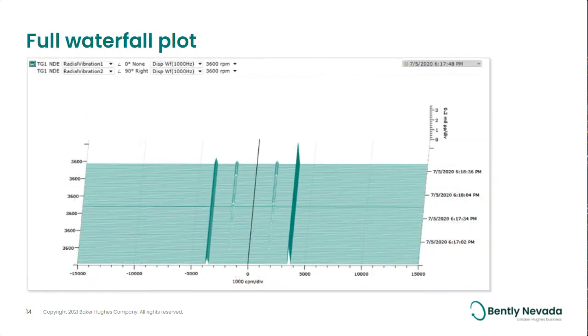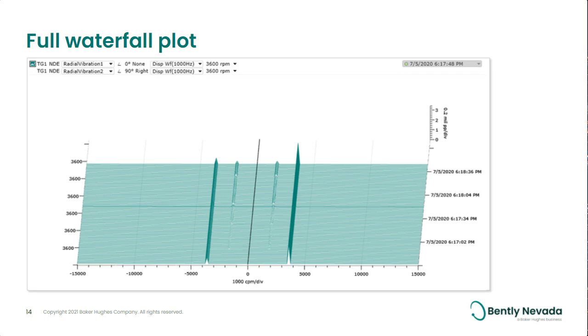One of the other plots that we use in steady state diagnostics is the full waterfall plot. And basically, the waterfall plot is a series of cascades versus time. Now, the data that I've been showing you is all from a rotor kit, and it's a rotor kit that's been set up to do oil whirl or instability.